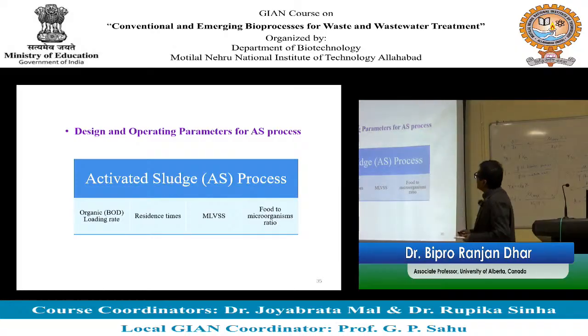Microbes also have a kinetic limitation. Depending on their growth kinetics, for a certain amount of microbes, they can only treat a certain mass of organics. So that's why one of the important things is organic loading rate.